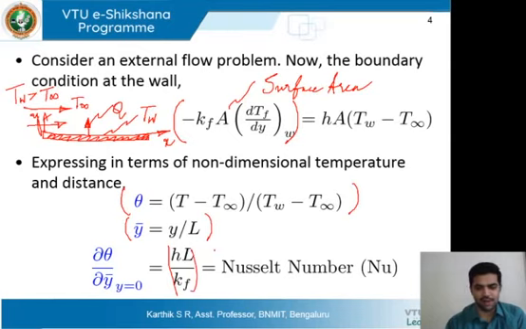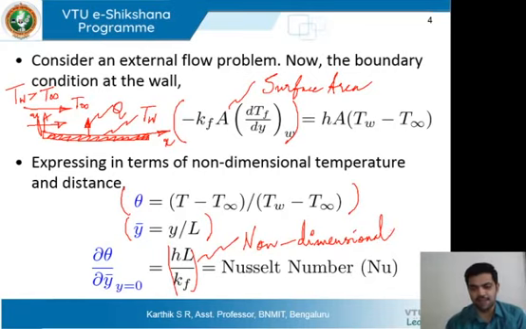This is a non-dimensional ratio, obviously. This ratio is referred to as the Nusselt number, which is named after a researcher. The Nusselt number is a very important parameter in convective heat transfer in general.